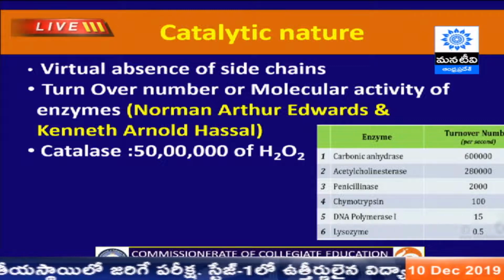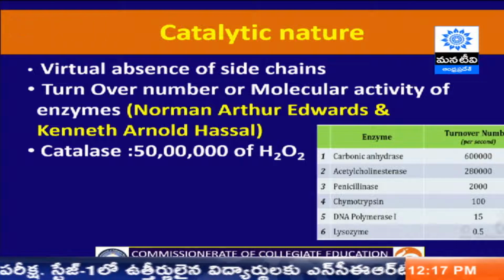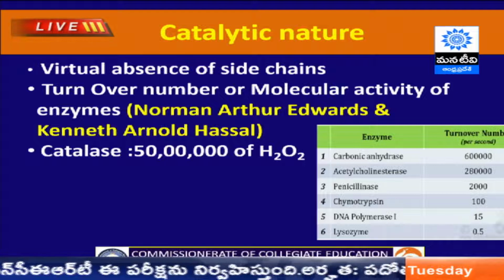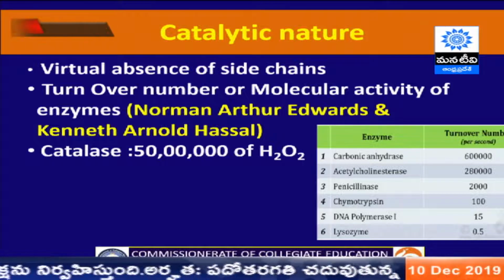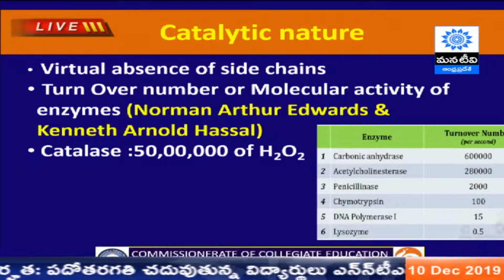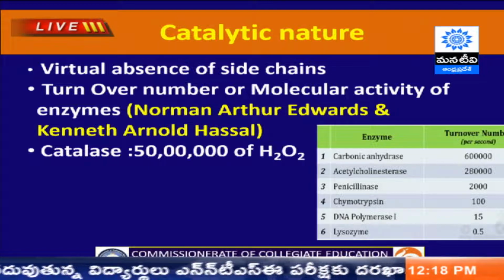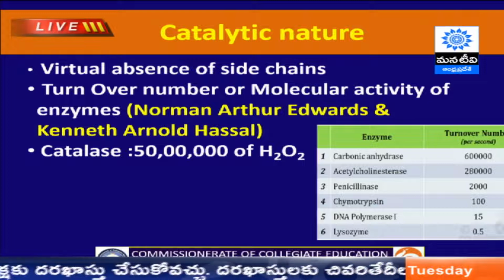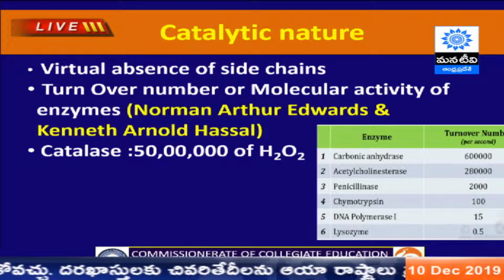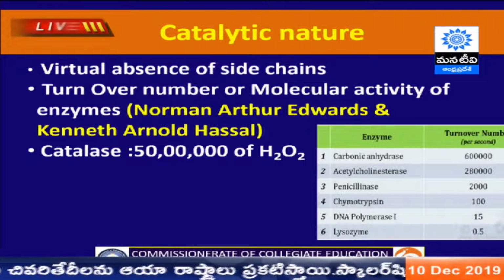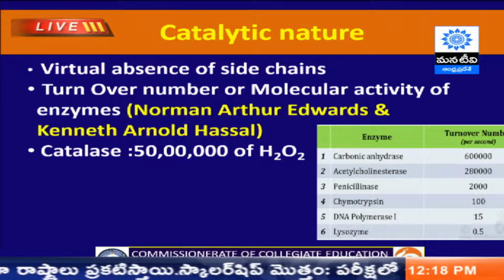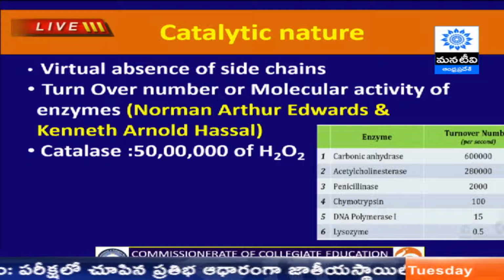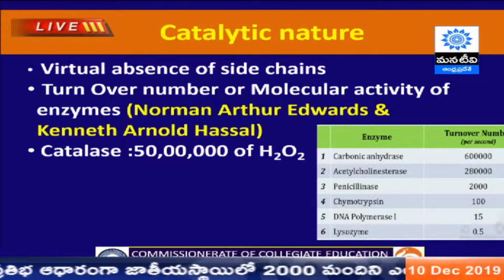This turnover number differs from one enzyme to another. Here is the table for you: carbonic anhydrase has a turnover number of 6 lakhs. Take catalase as an example, where the turnover number is 50 lakhs. A single molecule of catalase performs the biochemical reaction in which hydrogen peroxide molecules are converted into oxygen and water in a minute.